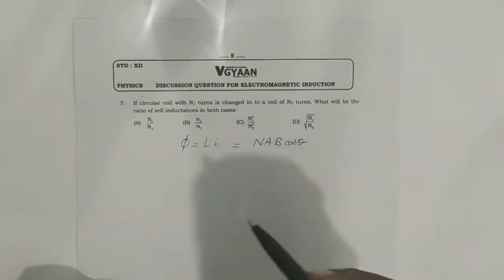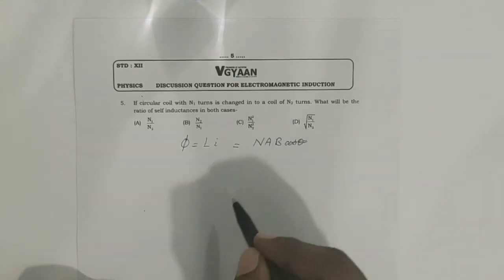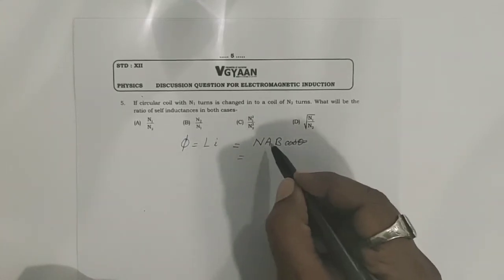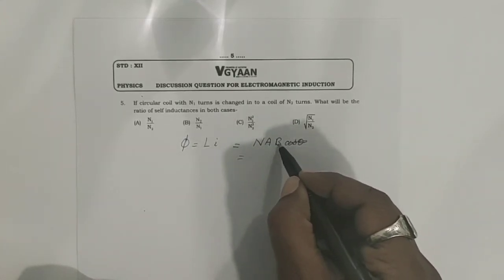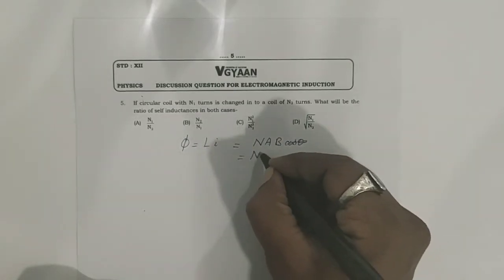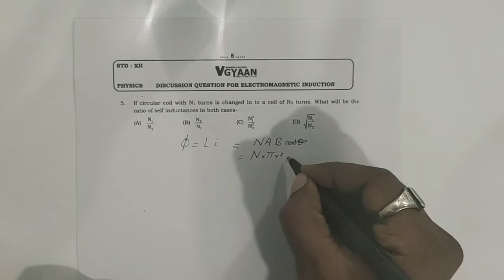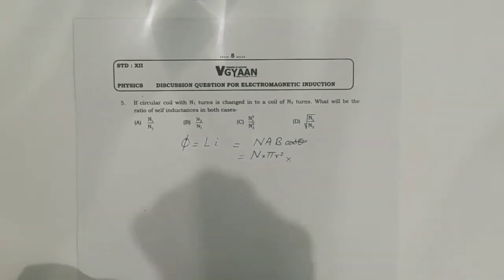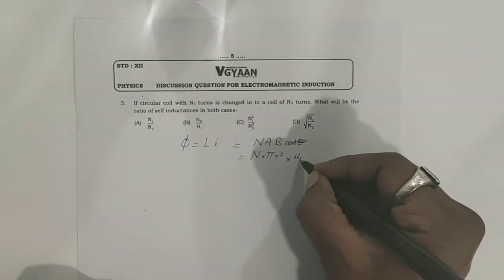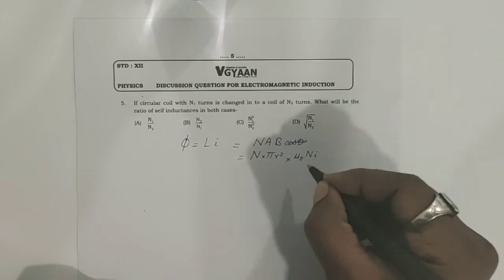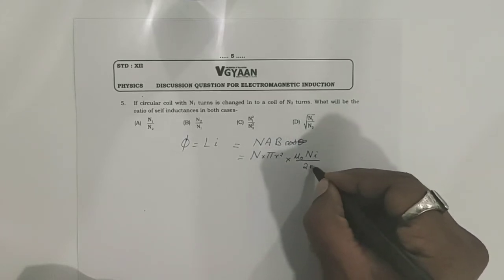When you change the coil, cos theta will not change, but however the area and magnetic induction both will change, because area is given by the formula pi r square. Magnetic induction with respect to a circular coil is given by the formula mu naught into Ni upon 2r.